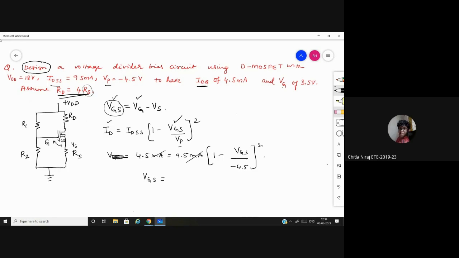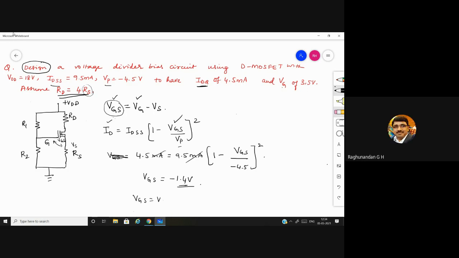So do you get minus 1.4 volt? Yes, sir, minus 1.402. Minus 1.4 volt. VGS is minus 1.4 volt. Now go back to our equation.